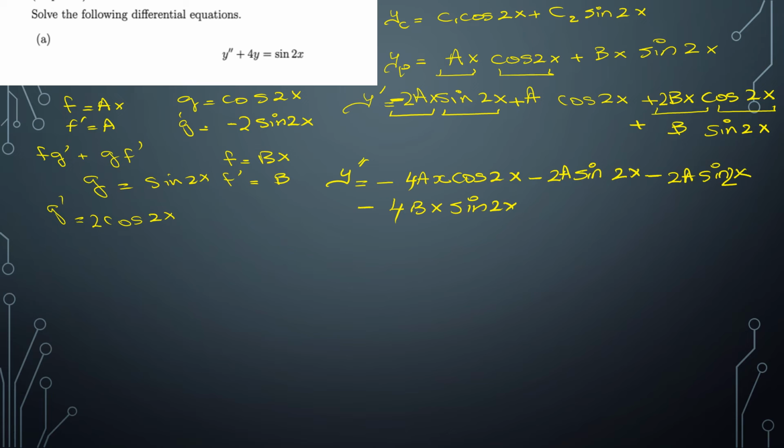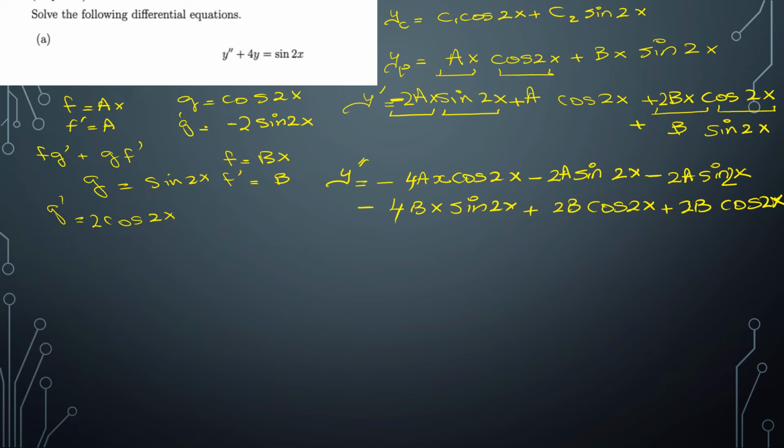So fg prime plus gf prime. So g is cosine 2x, f prime will be my 2b. Now my last term, that is b sine 2x, so I will get here 2b cosine 2x. Now let me just check quickly. So the first term is f and g prime will be negative.